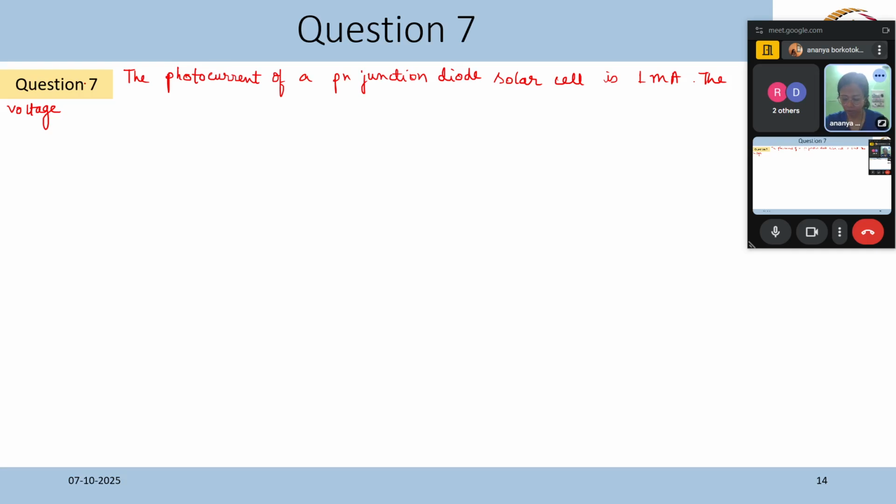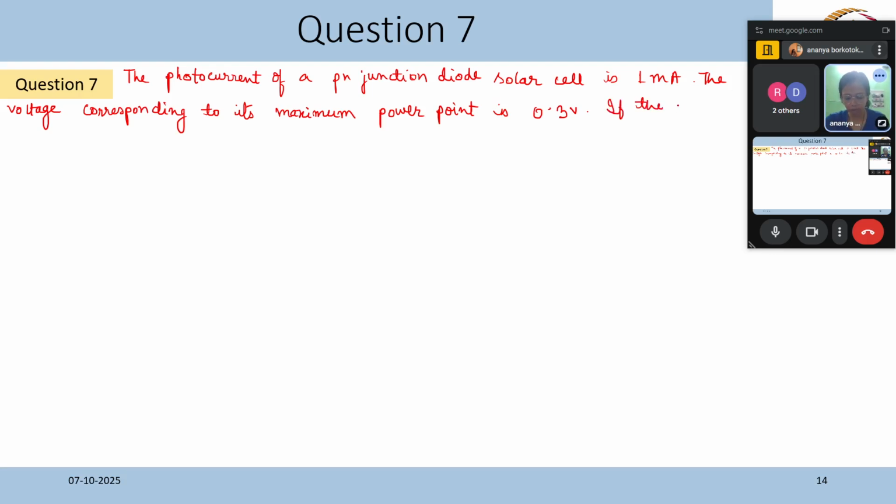The voltage corresponding to the maximum power point is 0.3 volt.